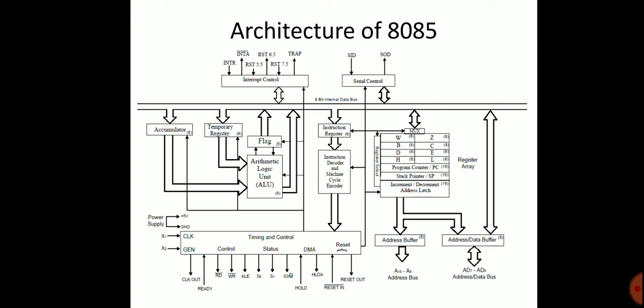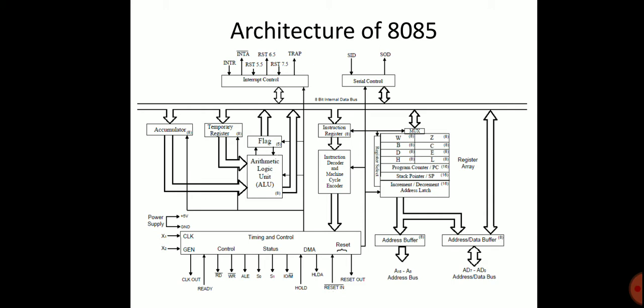The general purpose registers B, C, D, E, H and L are 8-bit registers. They can be used as separate 8-bit registers or as 16-bit register pairs, that is the B and C register, D and E register and H and L register pairs, which also function as a data pointer or memory pointer.